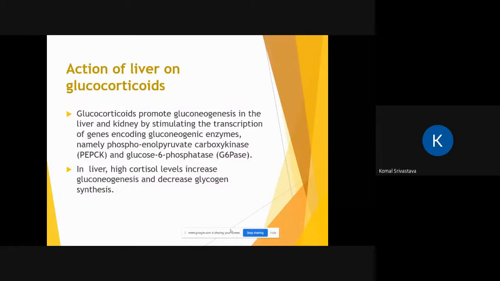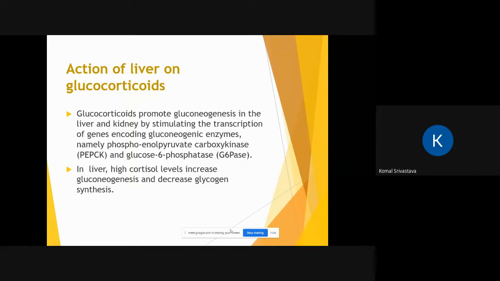Okay. The main point what you missed out here, you did not go through, or maybe I missed. In liver, high cortisol level increases gluconeogenesis and decreases glycogen synthesis. So this is the main function, because I'm asking you in context to the liver. So what happens if there is less glycogen synthesis? That means it cannot be stored for future energy.